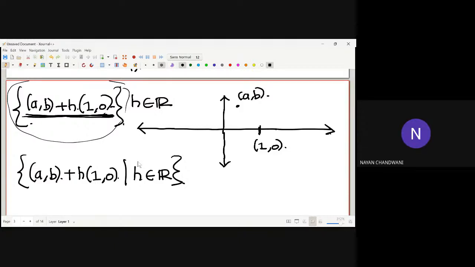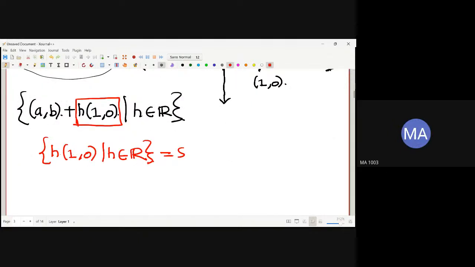With variation of h, it will move along the x-axis from a comma b. Before that, tell me what is this one? What is the x-axis? This is the span of 1 comma 0, right?